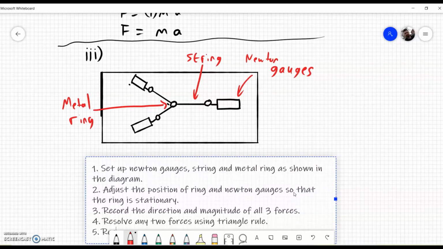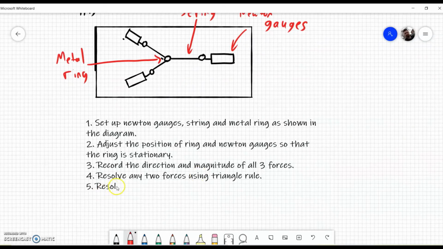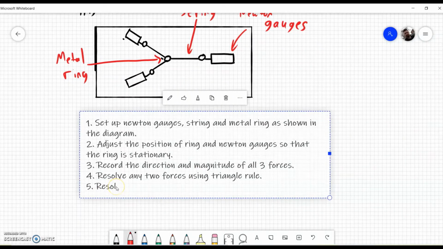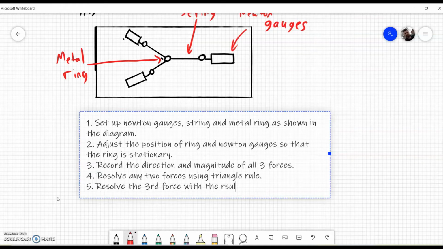And number 5, resolve the 3rd force with the resultant force from part 4.